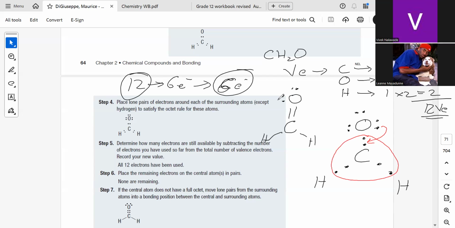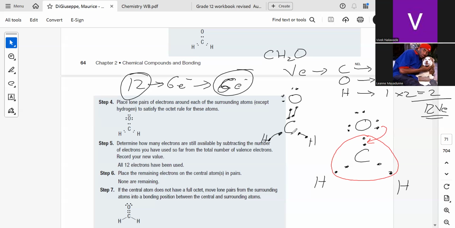So in order for carbon to be stable, it shares two electrons with oxygen? In order for carbon to be stable, it forms a double bond with oxygen so that there are 8 electrons in carbon. If you see now, when the pair is transferred, calculate this: 1, 2, 3, 4, 5, 6, 7, and 8.